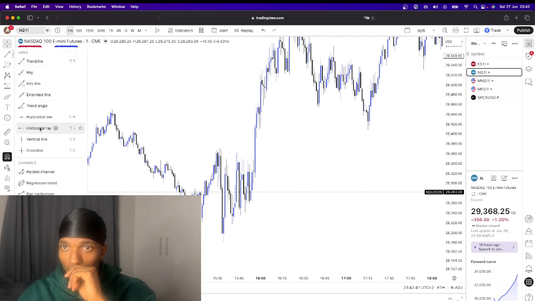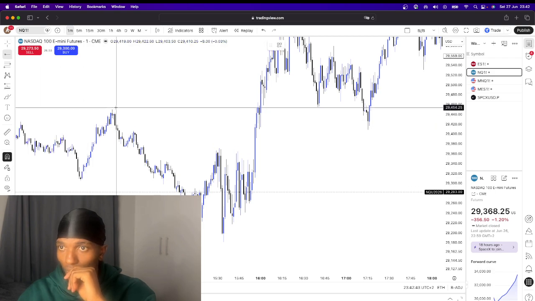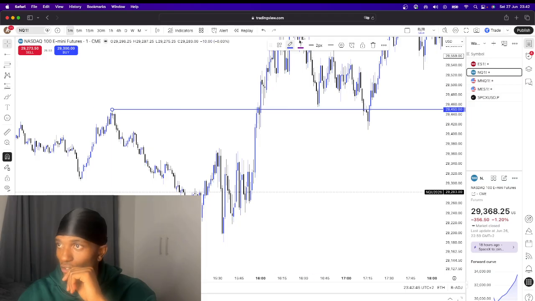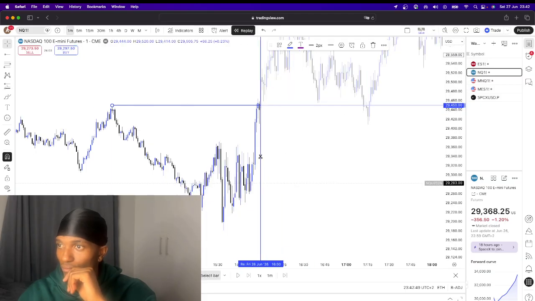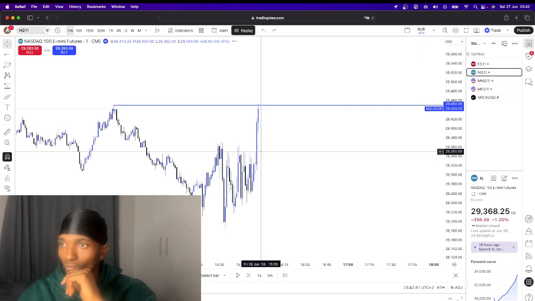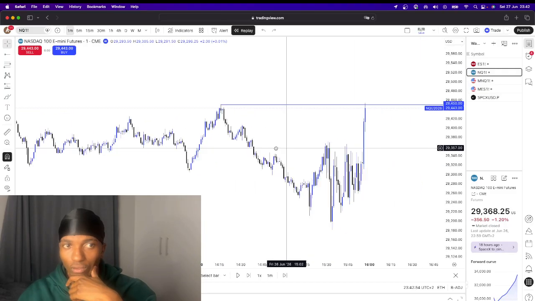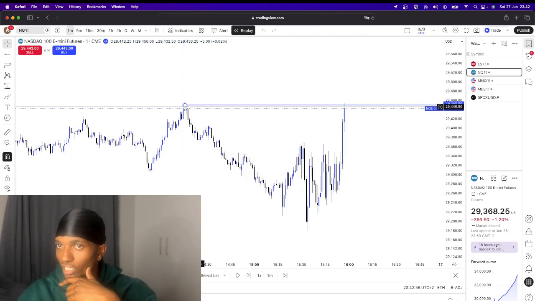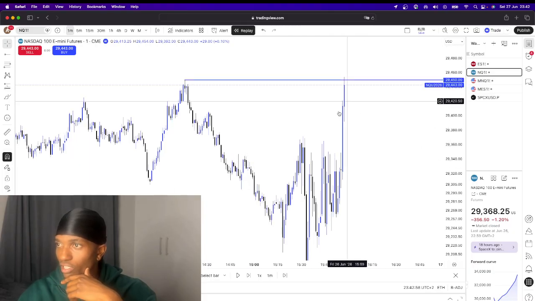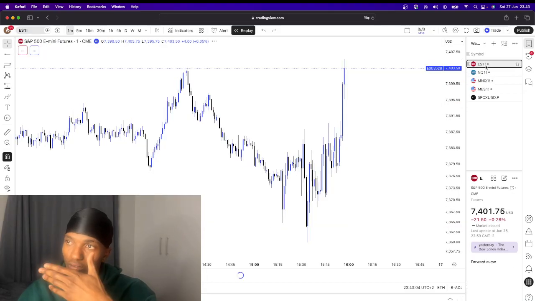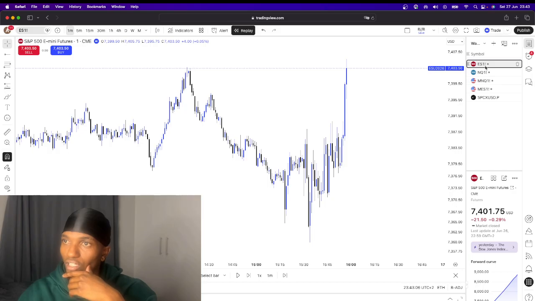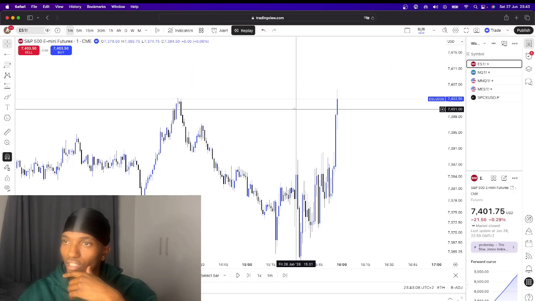Let's say you're targeting that high as your take profit, okay? Now, if you're targeting that high as your take profit, you see on Nasdaq we already hit your TP. You might find that on ES that's not the case. Okay, in this one it is the case.